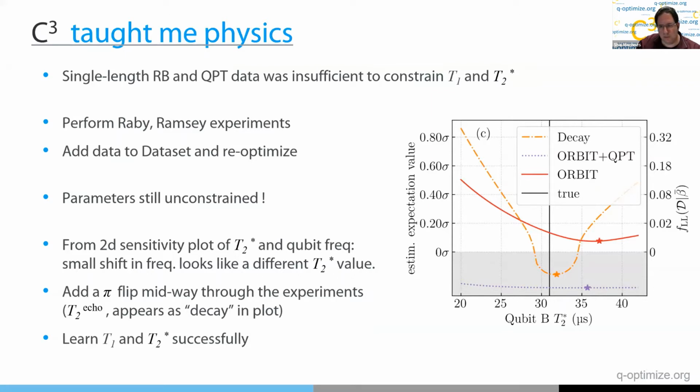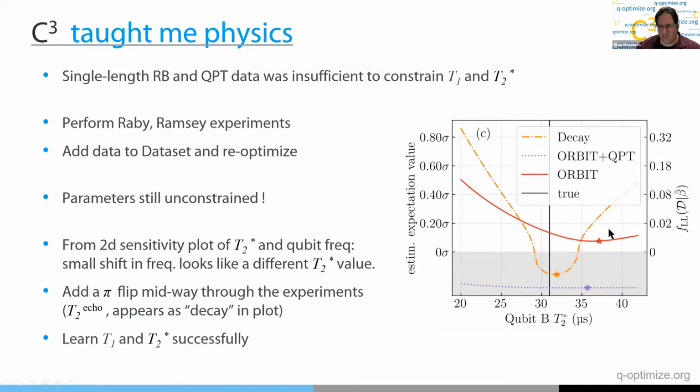What we use for collecting most of the data and doing most of the calibration is single length randomized benchmarking, known as ORBIT. We also collected quantum process tomography data. And what we try to constrain and learn are the T1, T2 values, the dissipation and dephasing values.